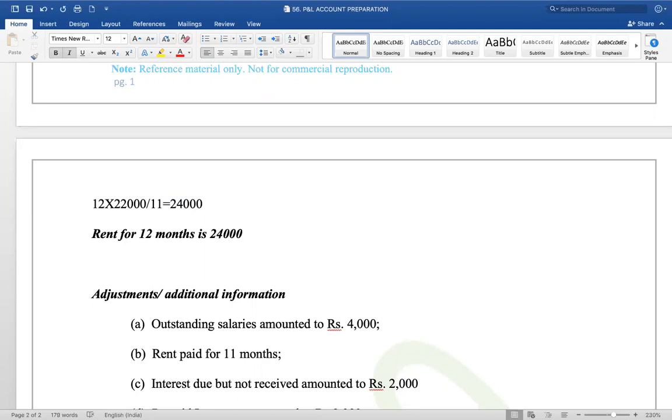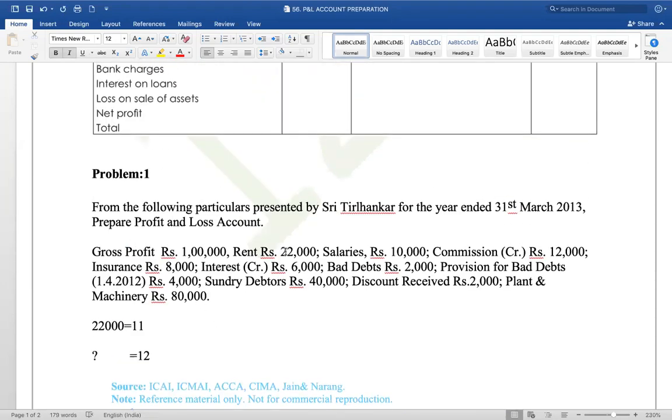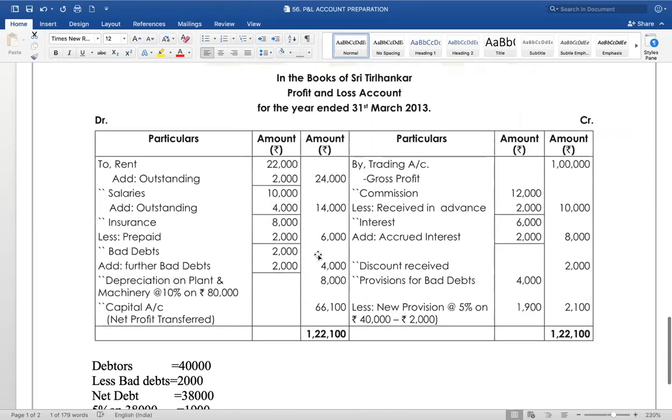So 24,000 is the total rent due, but what is the rent paid? Only 22,000. So what do we have to do? We have to add the outstanding rent. Look at this, profit and loss account, debit to rent 22,000, add outstanding 2,000.